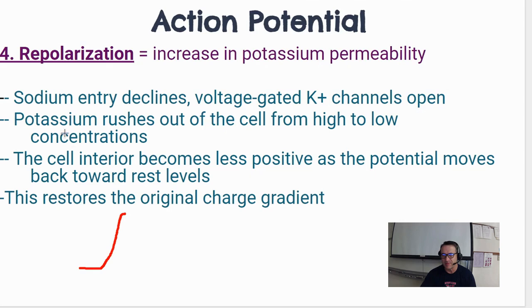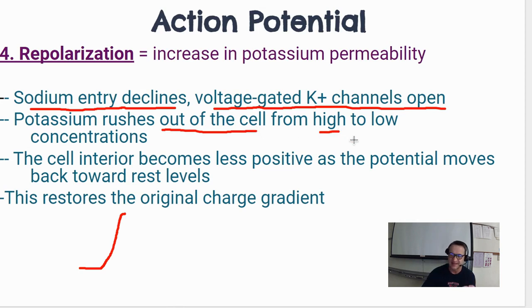Well, once it reaches the peak, that's where sodium entry is going to decline. So sodium coming in is going to be halted. But right here at the top of the mountain, that's where voltage-gated potassium channels are going to open up, at around positive 30 millivolts. That's going to cause potassium to rush out of the cell, from high concentration of potassium inside the cell to low concentration outside the cell.